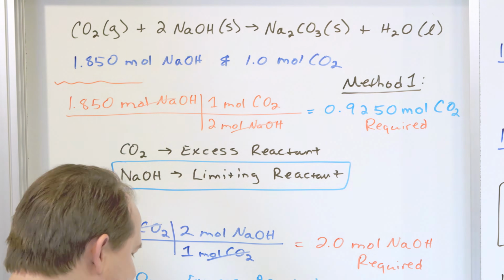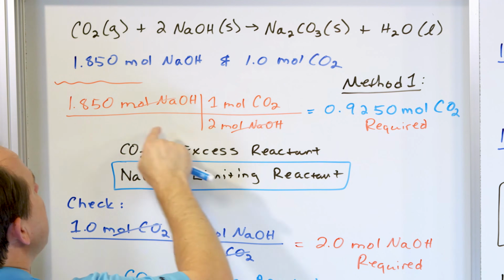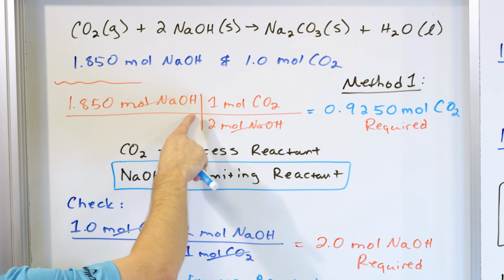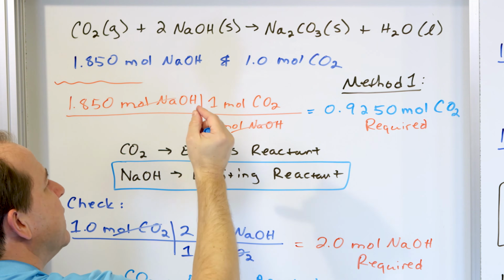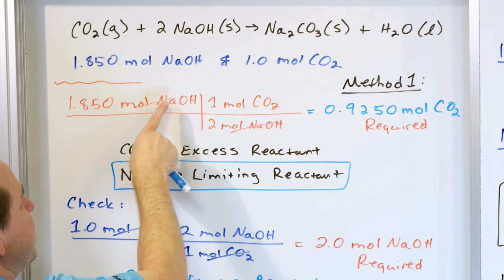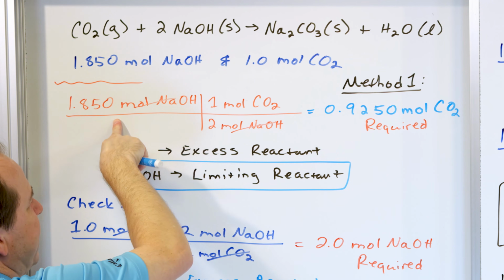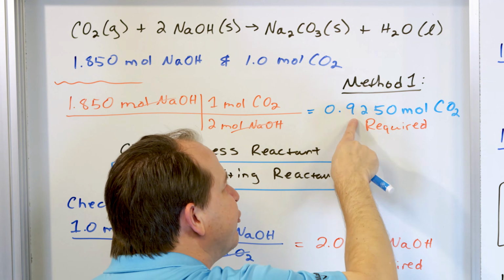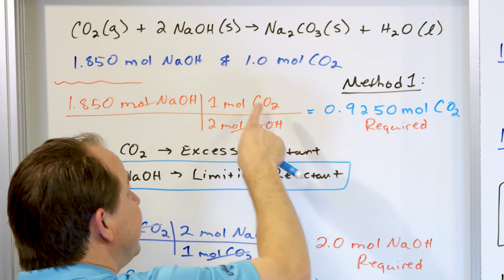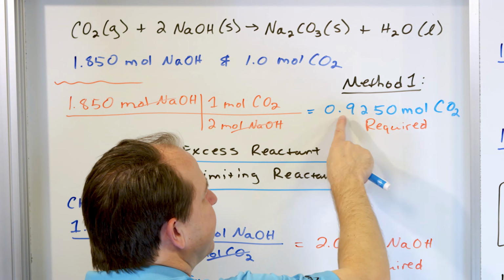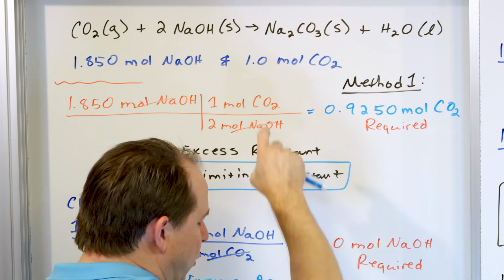Well, we could do that math again. If we go back to method 1, assuming that we start with this as a limiting reactant, which is what it is, how many moles of carbon dioxide will it require to react with this amount of sodium hydroxide? Now that we know this is the limiting reactant, we calculated that this is the amount of carbon dioxide consumed in this reaction in the case that this is the actual limiting reactant, okay? And this amount of carbon dioxide, we have a little bit more than that.